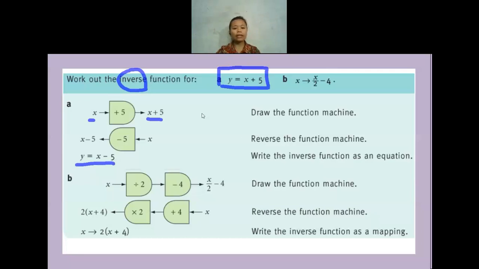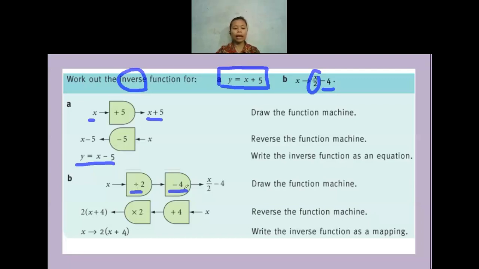For another example, we have x per 2 minus 4. To get x per 2, the x I need to divide by 2. After that, there is minus 4, so I need to subtract 4. So I will get x per 2 minus 4. For the inverse, I will work from the back and do the opposite. The opposite of minus 4 is plus 4. The opposite of divide by 2 is times 2.